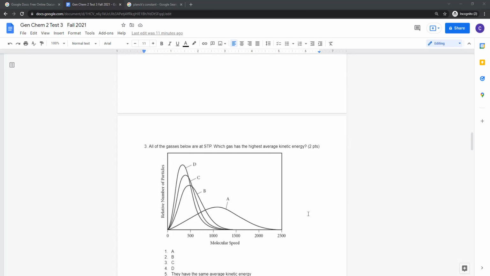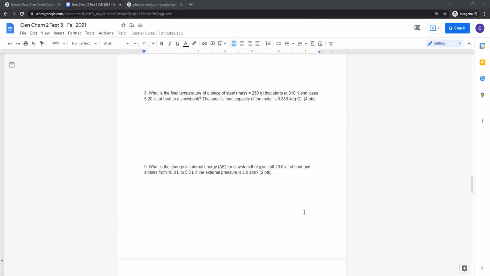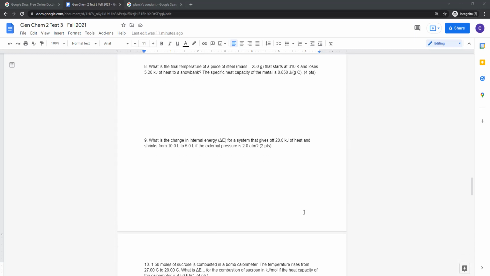So let's go to question 9. All right, what is the change in internal energy for a system that gives off 20 kilojoules of heat and shrinks from 10 to 5 liters if the external pressure is 2 atmospheres?